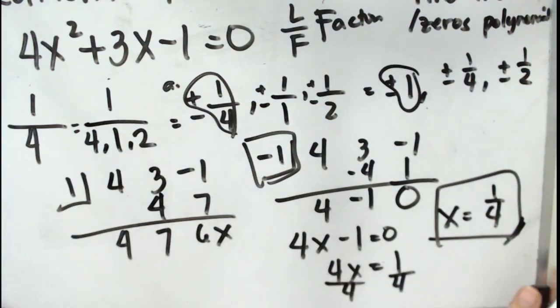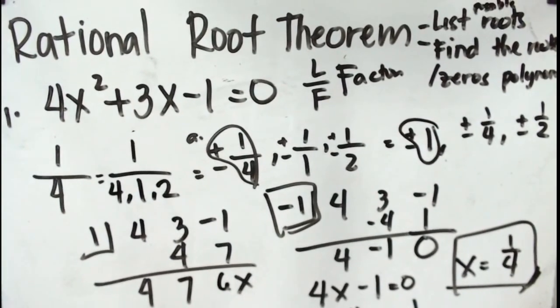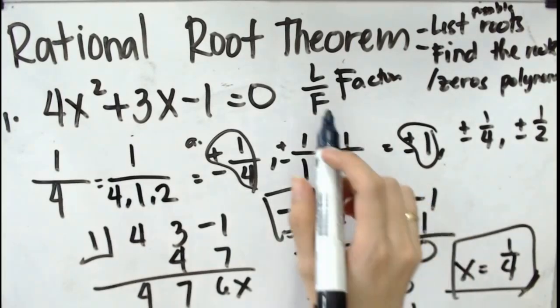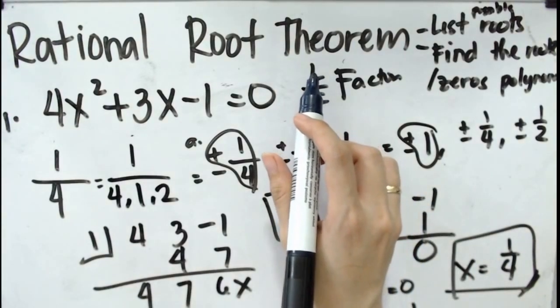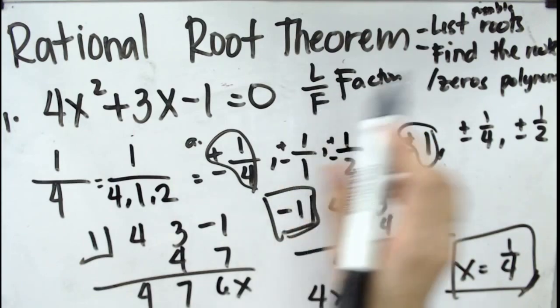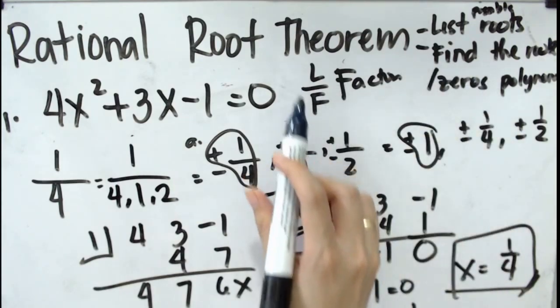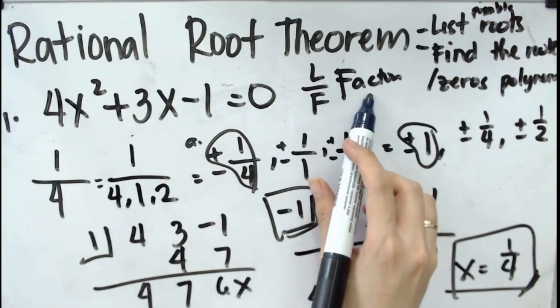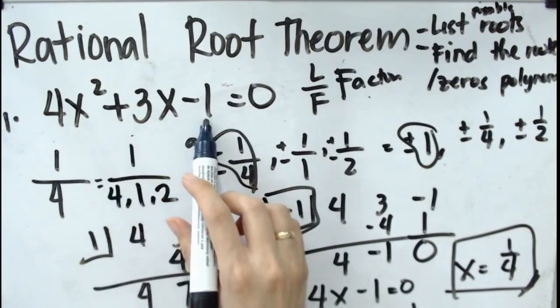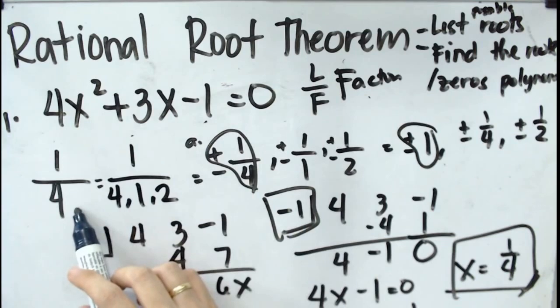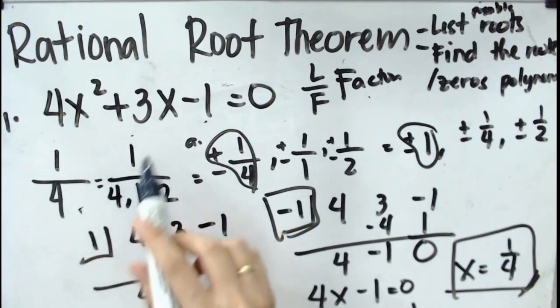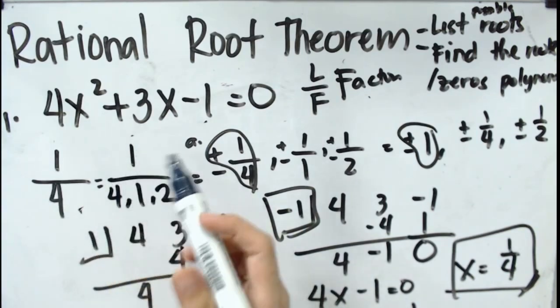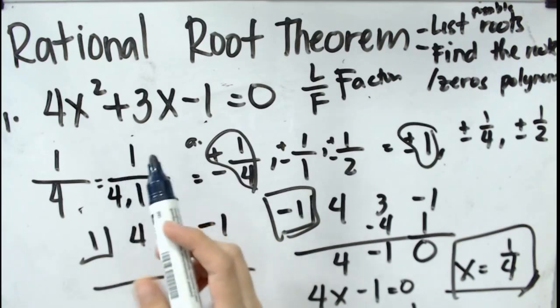Again, whenever we are dealing with the rational root theorem, for us to be able to solve, we list down all the possible roots. We use the L over F, or the last term over the first term, and we need to find its factors. The factor of 1 is itself, so I don't need to write 1 anymore.